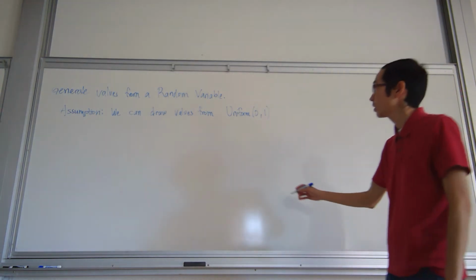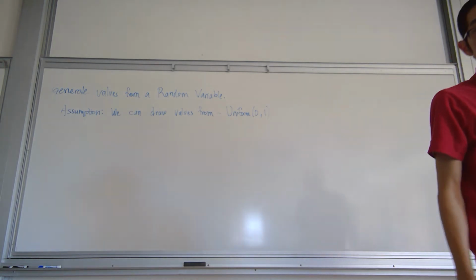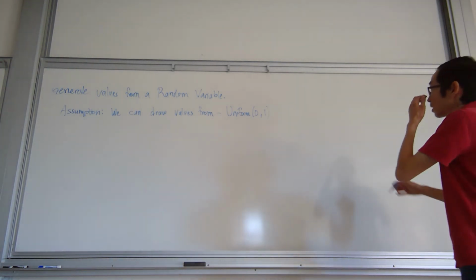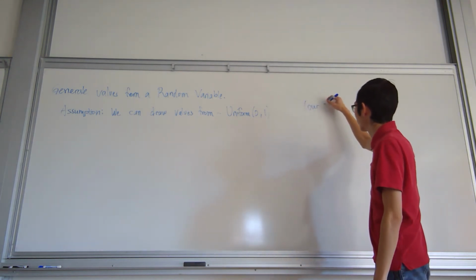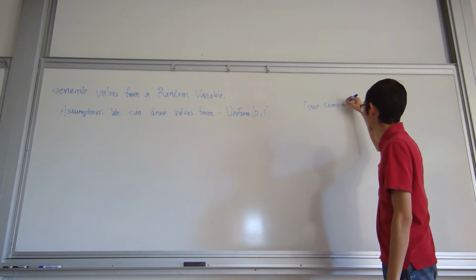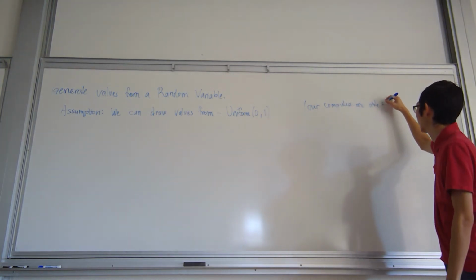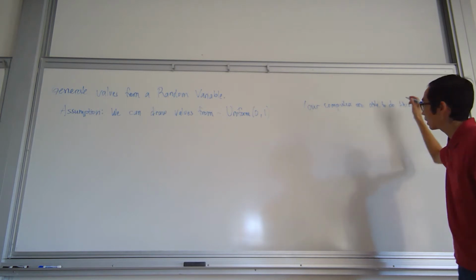So we're going to say we are able to draw values from the uniform distribution from 0 to 1. Okay, that's going to be our assumption. We're going to say our computers are able to do this. Okay.